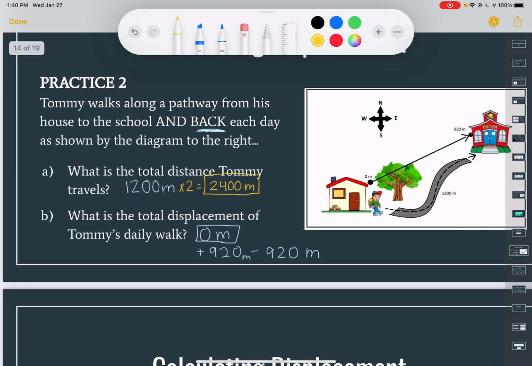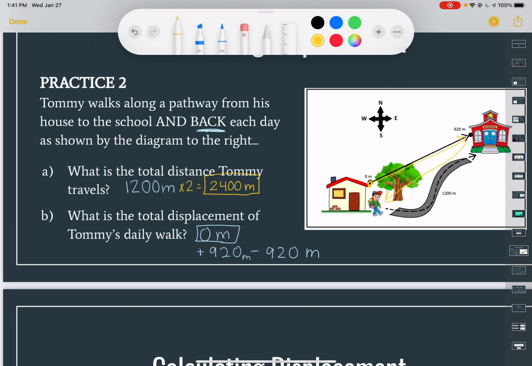What is the total displacement of Tommy's daily walk? Well, this is where it gets sort of cool, or I think so, when it comes to displacement. Because he started here, he went here, and then he went back. So when we're looking at displacement, we are literally only looking at how far you are from where you started.